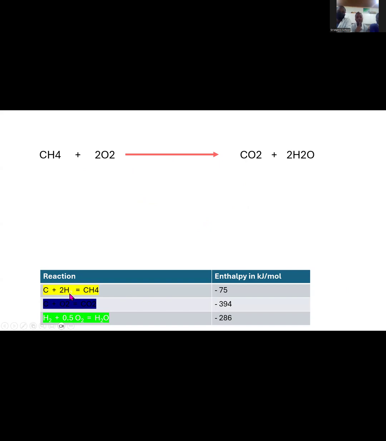Carbon and hydrogen makes methane. Carbon and oxygen makes carbon dioxide. Hydrogen and oxygen makes water. So in this case, the thing which is common to both sides is that it's always can make or are made from.